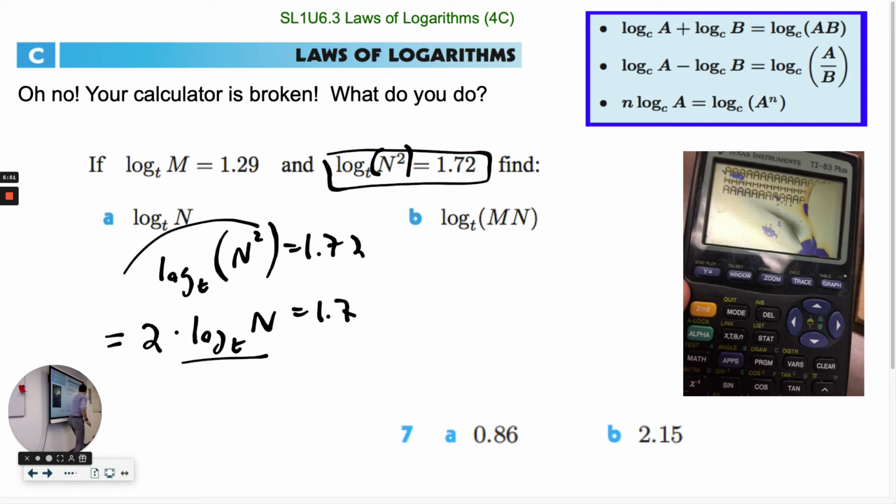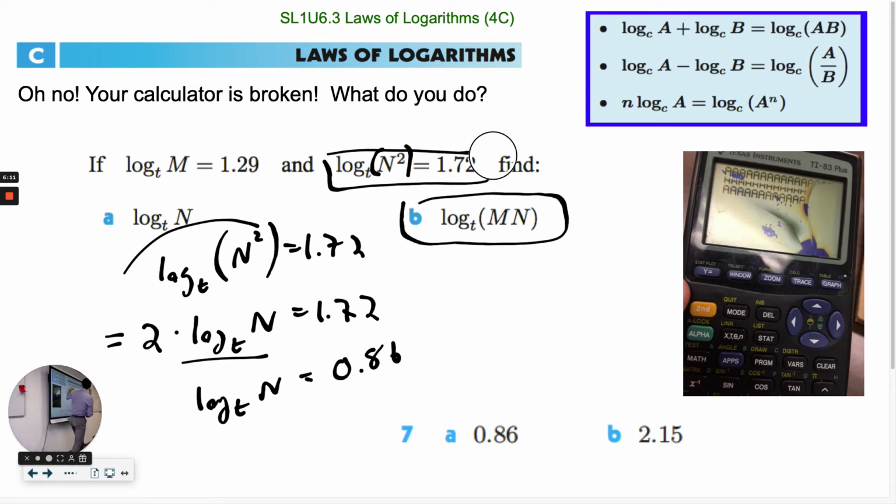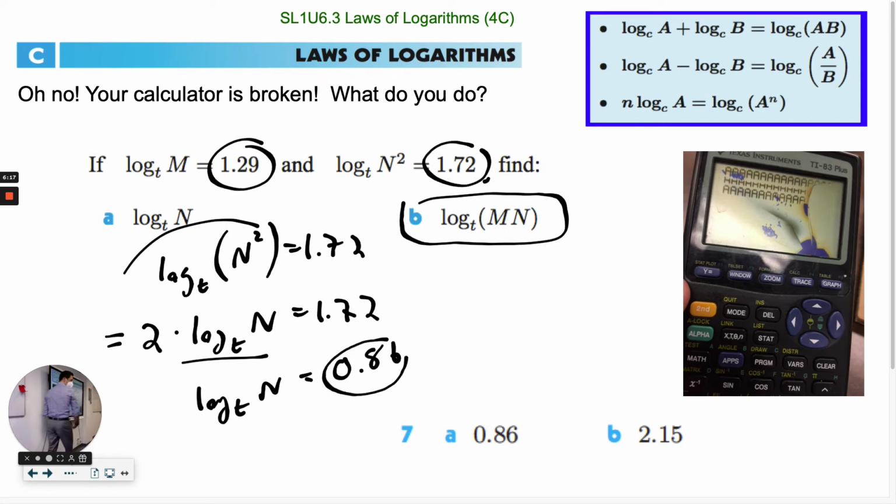I'm looking for this piece to divide by 2. Divide both sides by 2. You're just left with log t of n equals this. Oh, there it is. Cool. Divide by 2, you get 0.8 something. Try that same game with this, and you're going to be combining this and this or this in here somehow. Try that out.